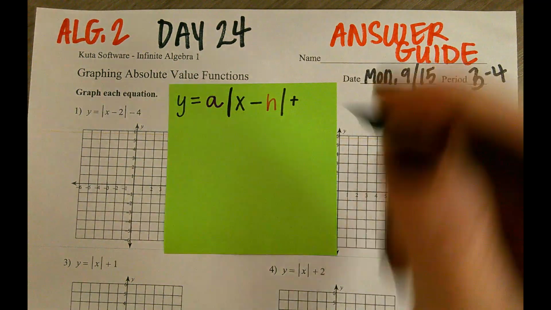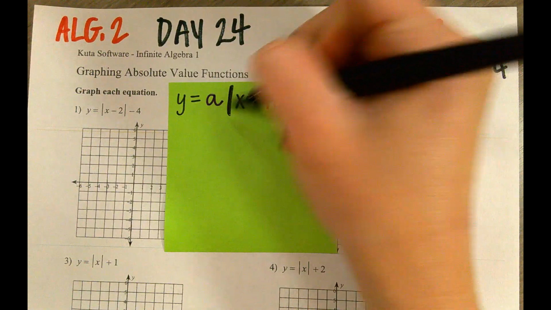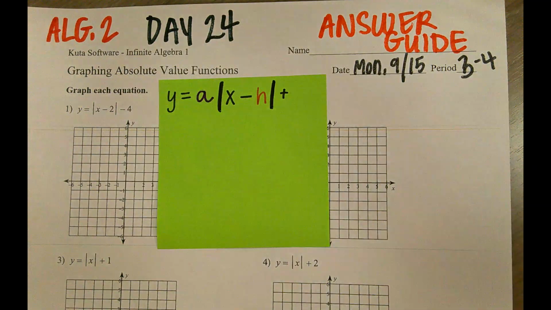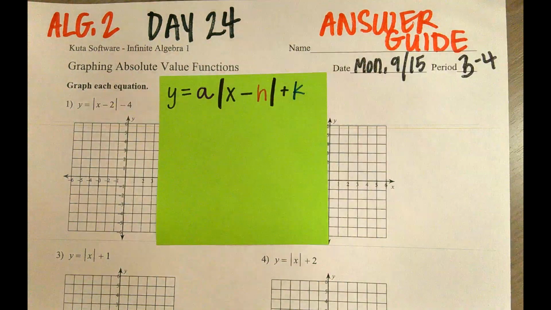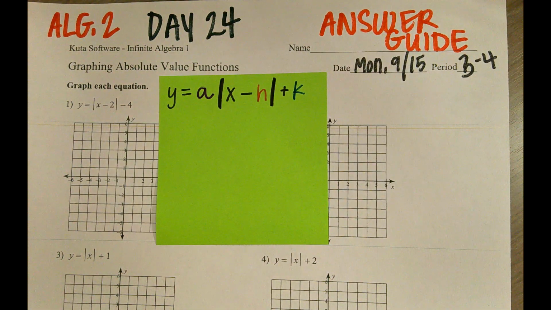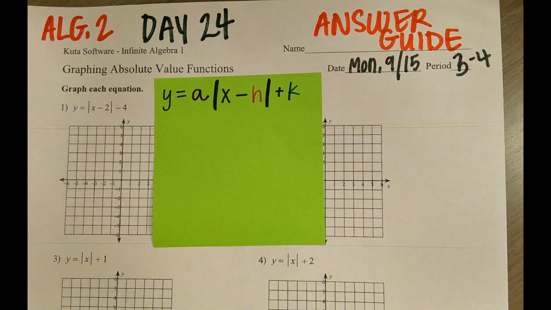And x minus h, after that we close the absolute value bars, plus k. So I would recommend write this on a sticky note so that you can move it around, and we'll write a few other things on this sticky note as well.